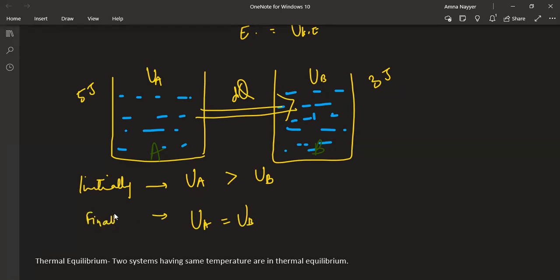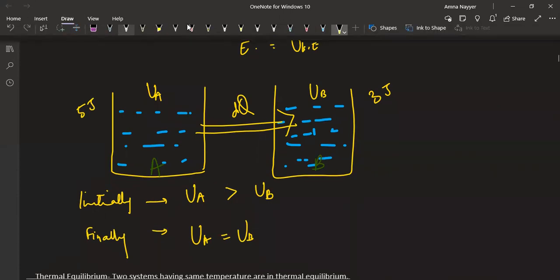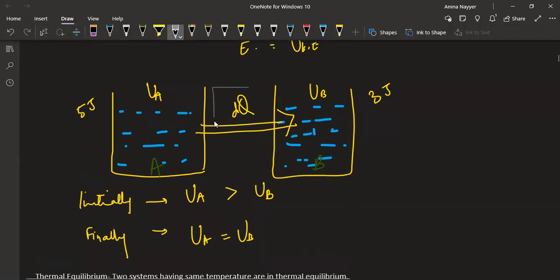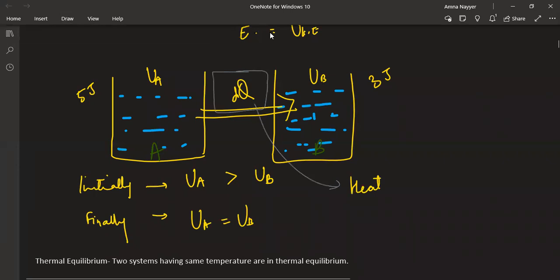Finally they have the same internal energy. This amount of energy that traveled from the higher body to the lower body until both had the same temperature is known as heat. This is what we call heat.